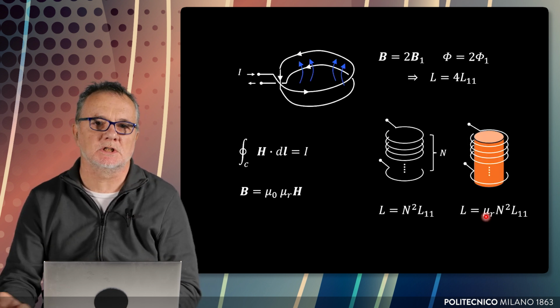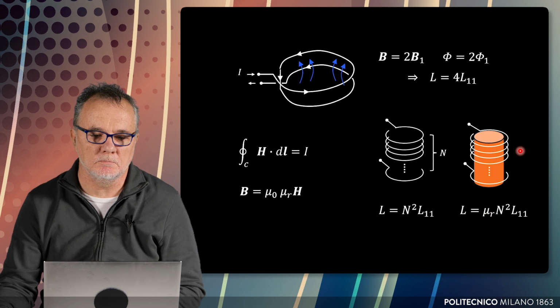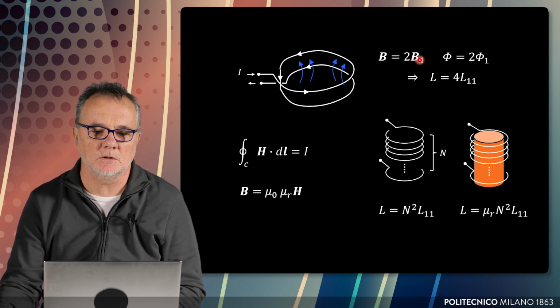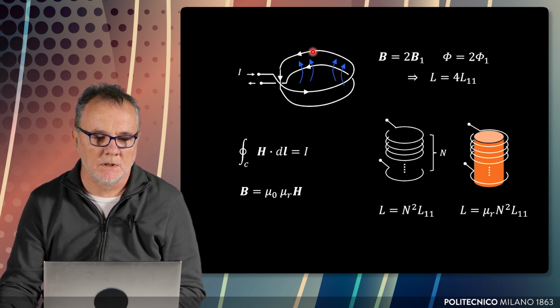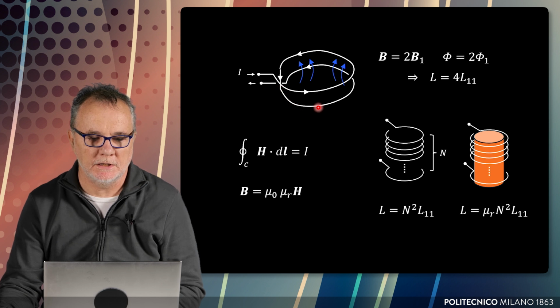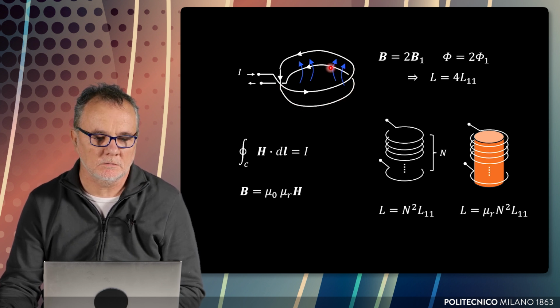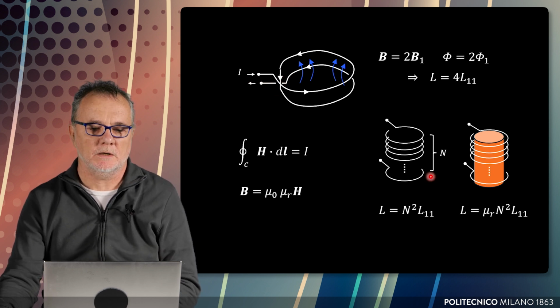Now let's consider a system of two loops. Let's call B1 the field produced by the single loop. Now, the current enters here, as you see in the picture. It rotates on this loop, and there is a second loop, going down, which is identical to the former and very close to the former. So the current rotates, and exits the system from this other wire.